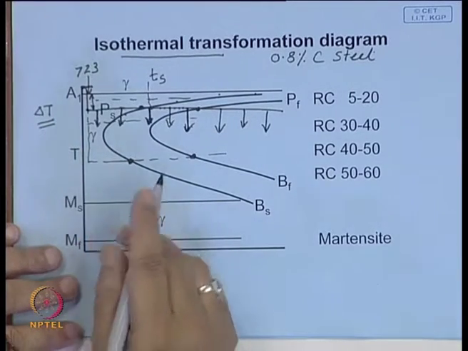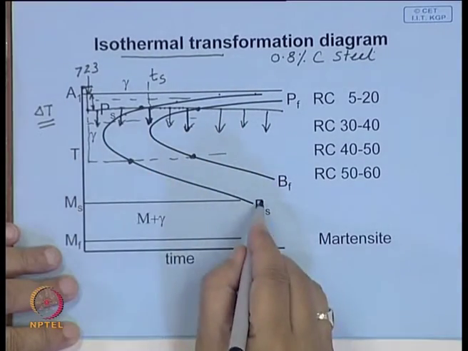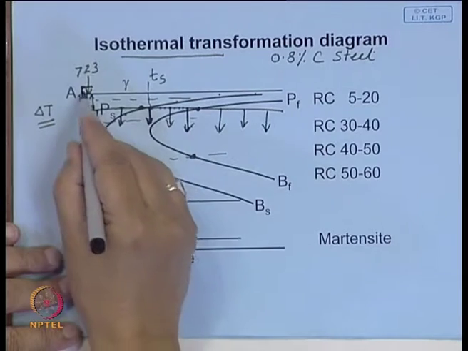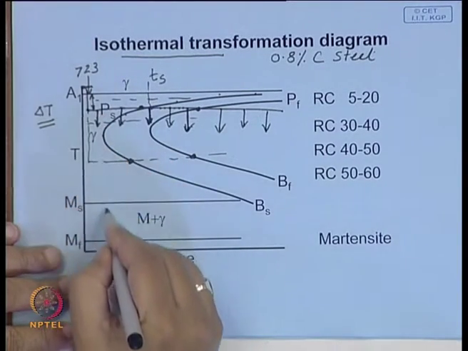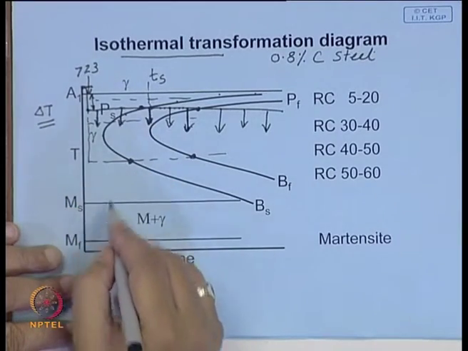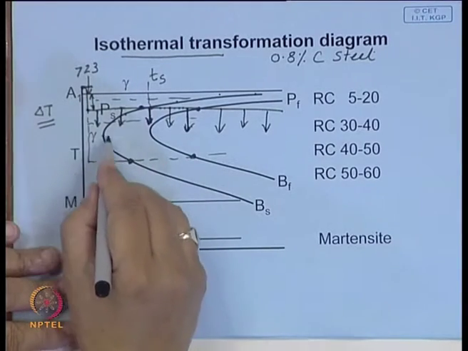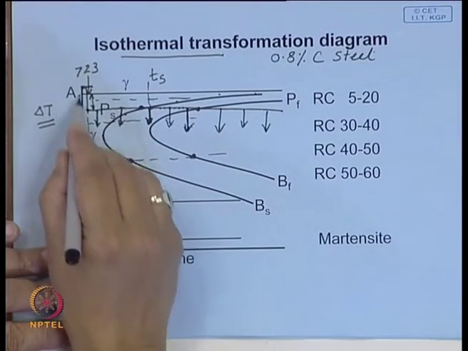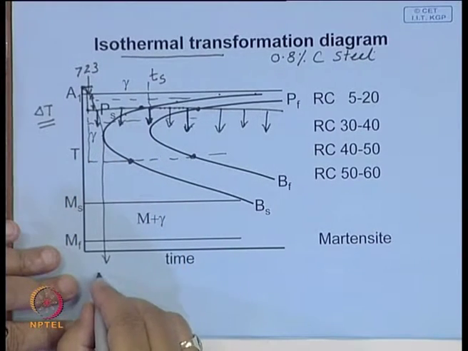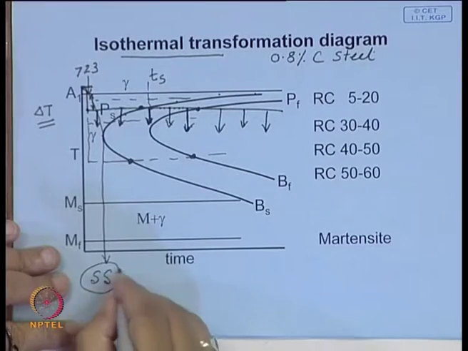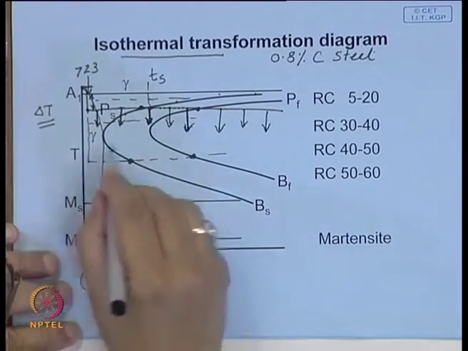which is very similar to what you get during precipitation hardening, where we also talked about this type of C shaped curve, and you must cool it faster than a critical cooling rate to get the specified structure. There also, to get a supersaturated structure. Here also we will see that if you cool faster than a critical cooling rate, then you get a supersaturated structure, and we will know about it in a little more detail a little later.